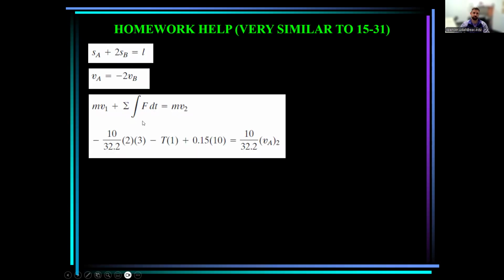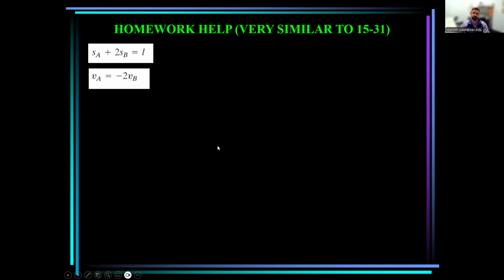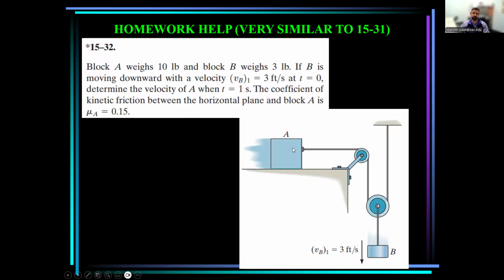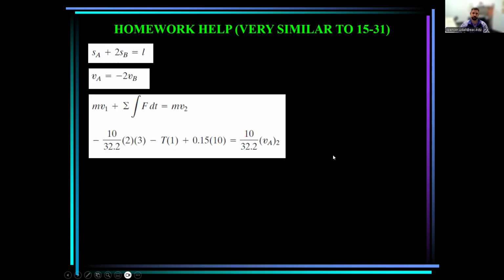And then we've got the forces that are going to change the momentum there. So I've got the T times 1 second, whatever T pulling on that. And then I've got the 0.15 times 10, also times 1 second that they're not showing here, right?